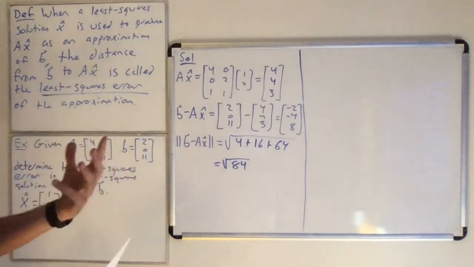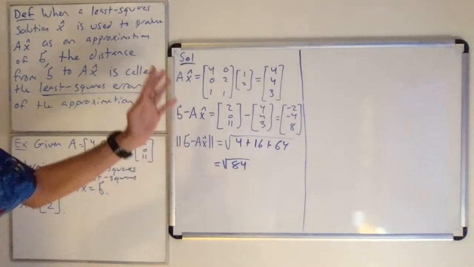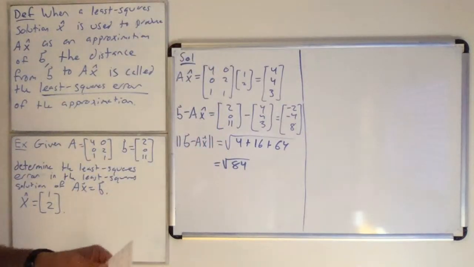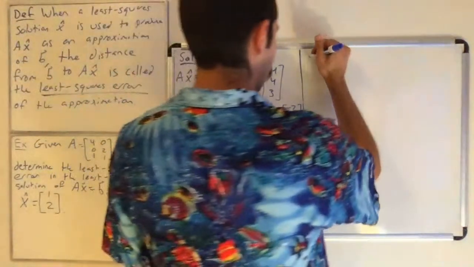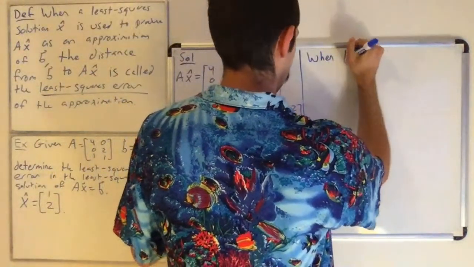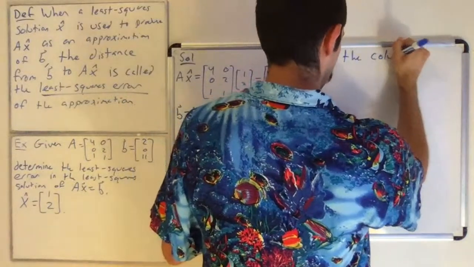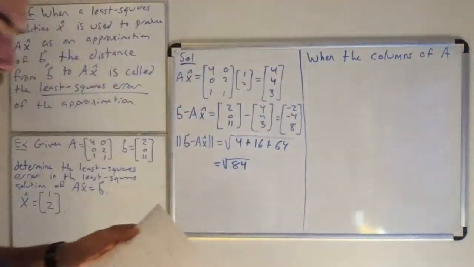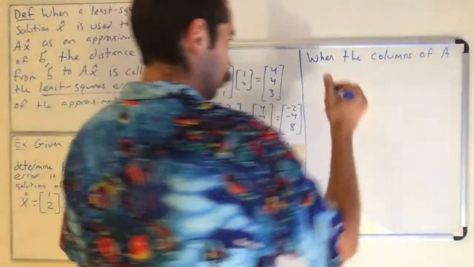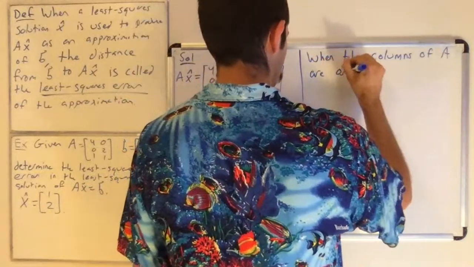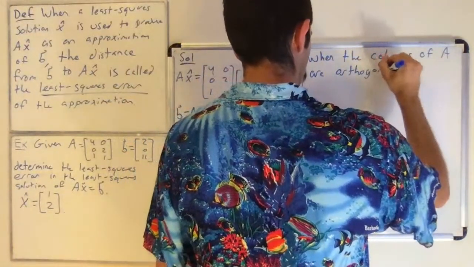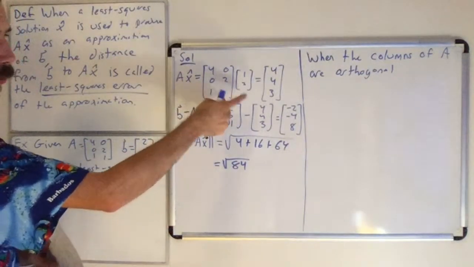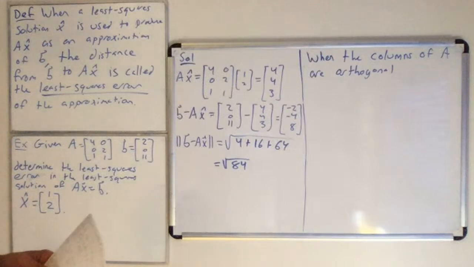Okay. So we're going to look at a special case now. It's how do we solve these types of problems when the columns of our matrix are orthogonal? So when the columns of A are orthogonal, which is not the case that we just looked at, right? If we took their dot products, we would get 1, which means they're not orthogonal.